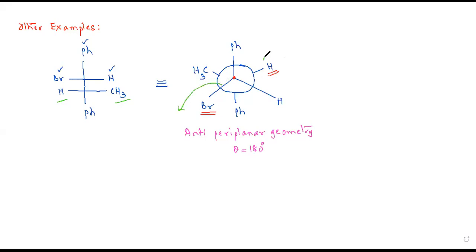Bromine goes out. Even this hydrogen, in the form of H plus, is abstracted by a base. Then what do we get? A C double bond C with the Ph and hydrogen onto this side, CH3 and the Ph onto this side, with the CH3 onto the side of Ph.